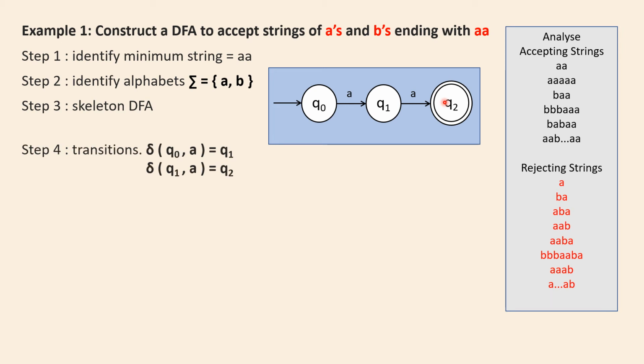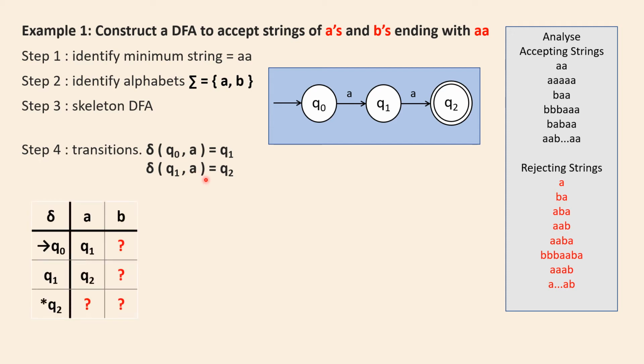So writing down the transitions for the minimum string, I have Q0 on input A goes to Q1 and Q1 on input A goes to Q2. So this is the transition table where in the first column I have all the states Q0, Q1 and Q2, where Q0 is represented with a small arrow to show that it is a start state and Q2 is the final state.